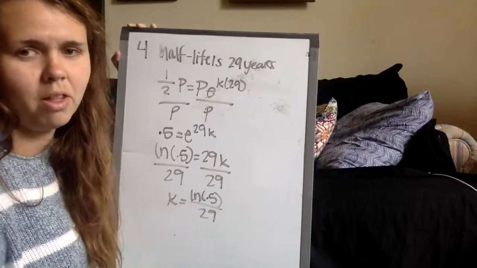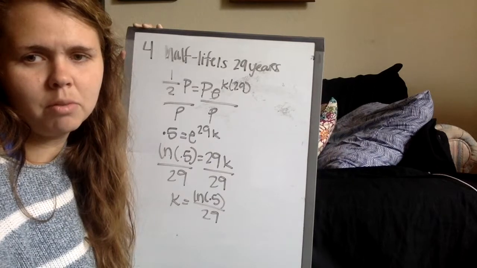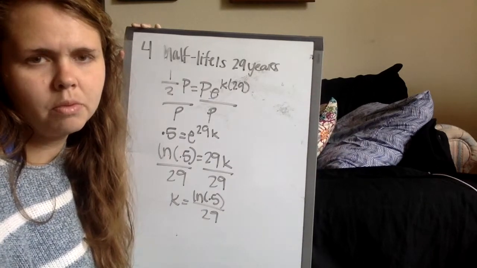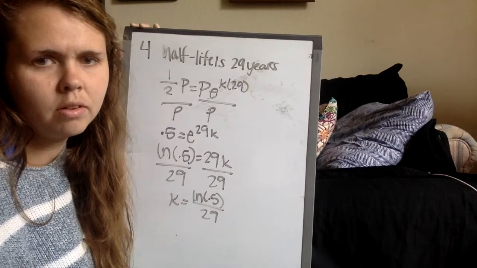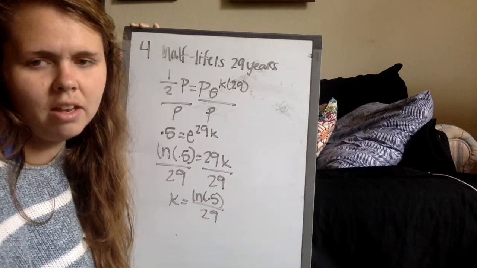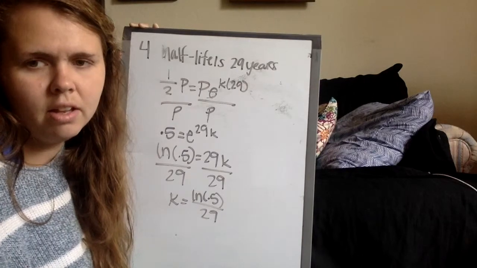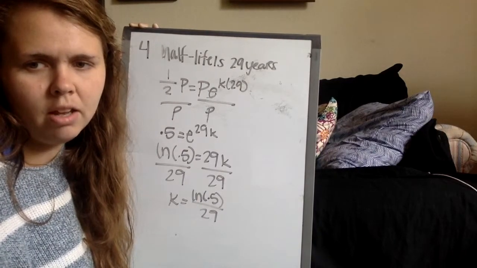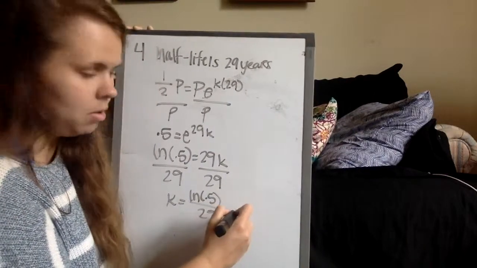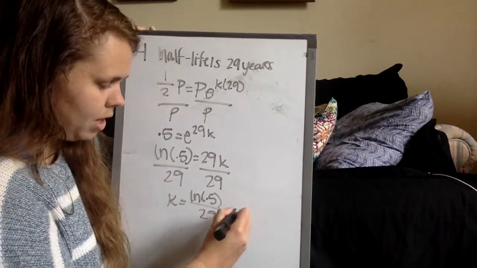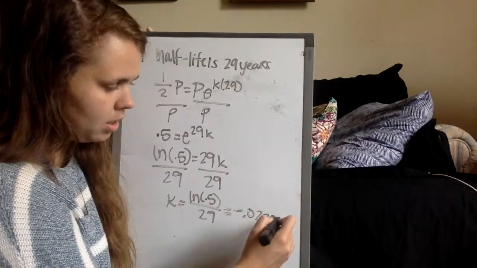We take the ln of 0.5, divide that by 29, and we get that k equals approximately negative 0.023901.